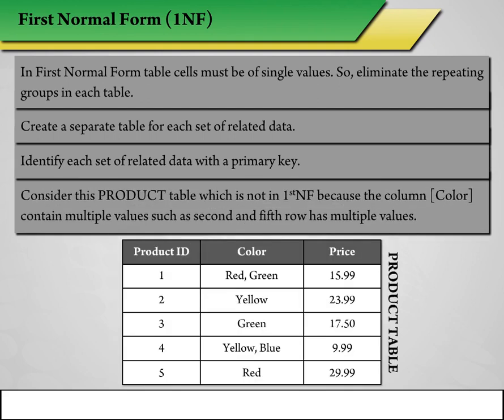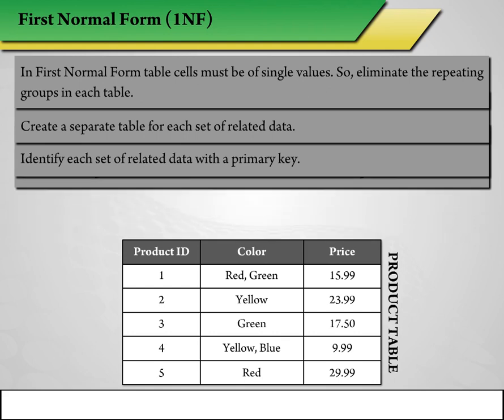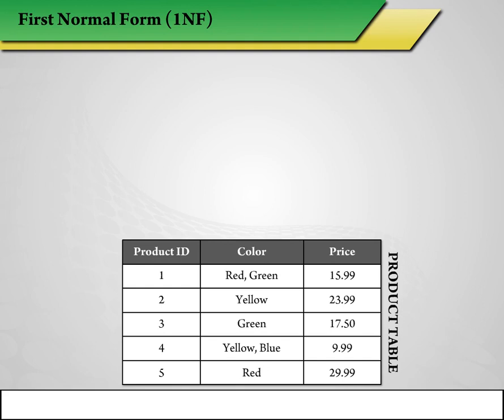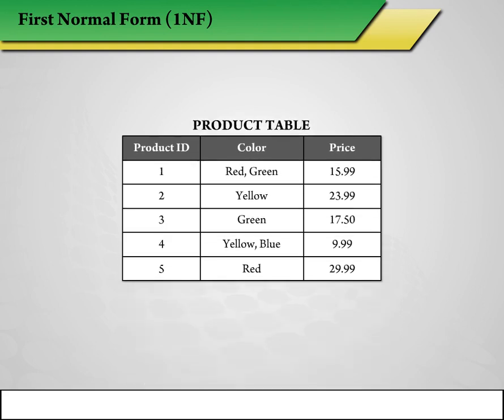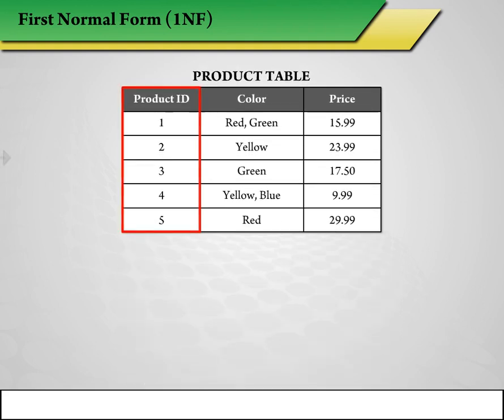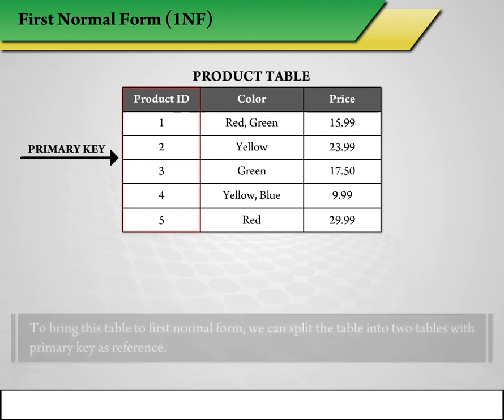Consider this product table, which is not in first NF because the column color contains multiple values, such as the second and fifth row having multiple values. Primary key.